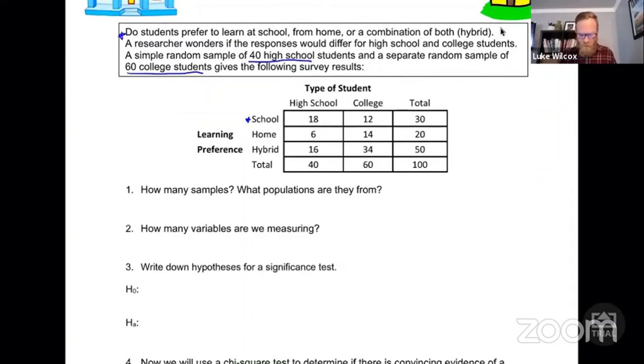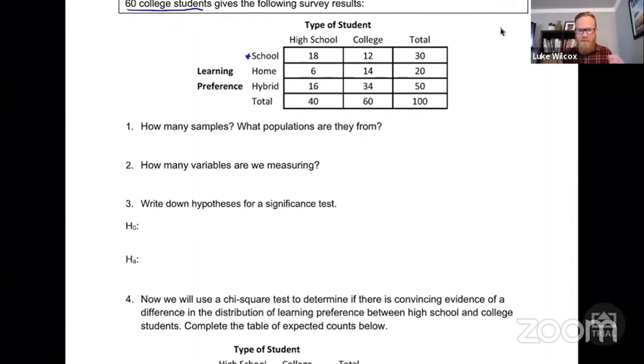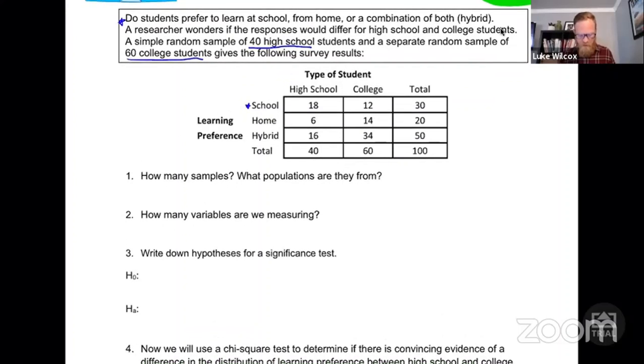So we got a couple of warm-up questions here to just get us sort of involved with the data. The first thing it says is how many samples are there and what populations are they from? Well, very clearly, if you look at the way that this is set up, there are 2 separate independent random samples here. So to answer that question, we definitely have 2 samples. Now, to think about the populations, well, the first sample here of 40 high school students is a random sample of all high school students.